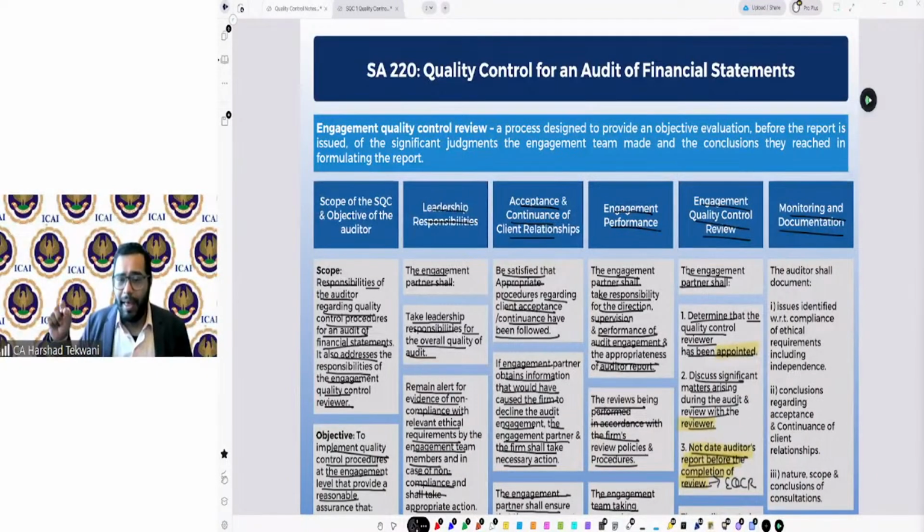You have not followed generally accepted audit procedures and issued the audit report before completion of the review. So understand the criticality of this particular topic.